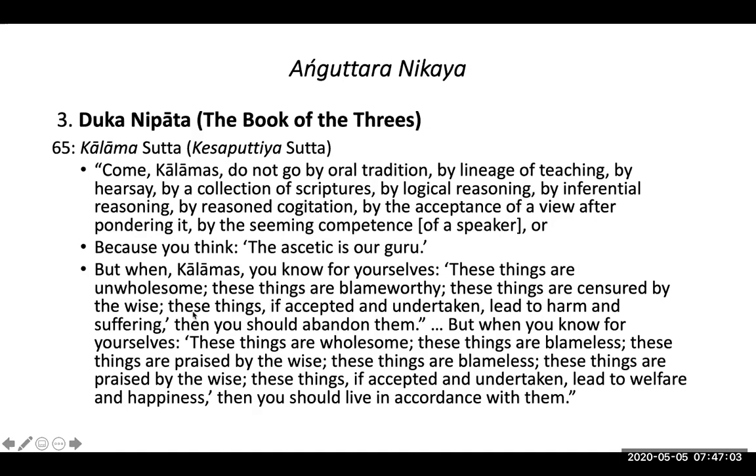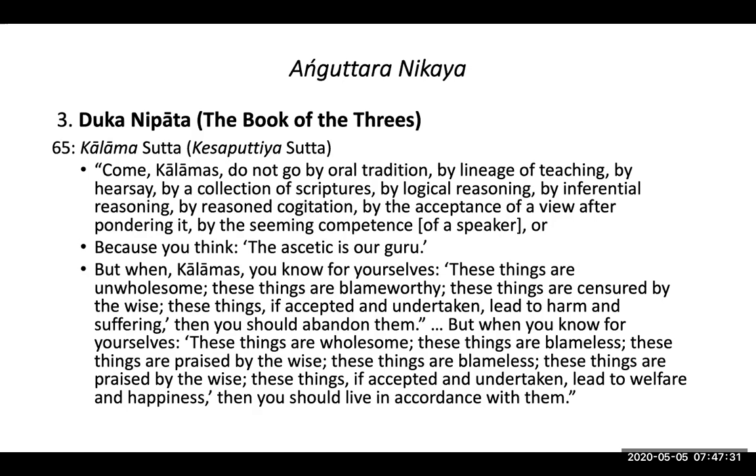The third category is: Kalamas, when you know for yourselves that such things are unwholesome, these things are blameworthy, these things are censured by the wise, these things, if accepted and undertaken, lead to harm and suffering, then you should abandon them.